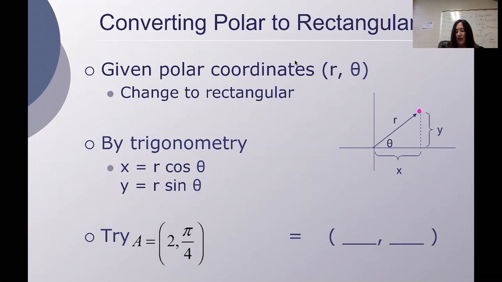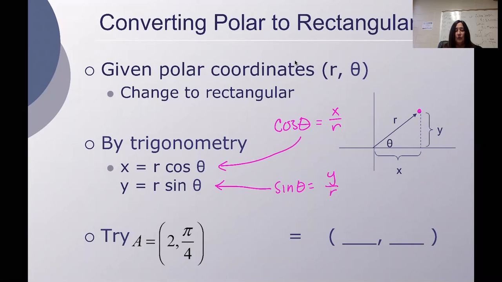So by trigonometry, we could say that the cosine of theta is adjacent over hypotenuse, which is x over r. So then you can see how they would solve to get x to be r times cosine of theta. You could do the same thing with the y. Sine of theta is y over r, and solve that for y, which is going to give us our formula that we have here for y.